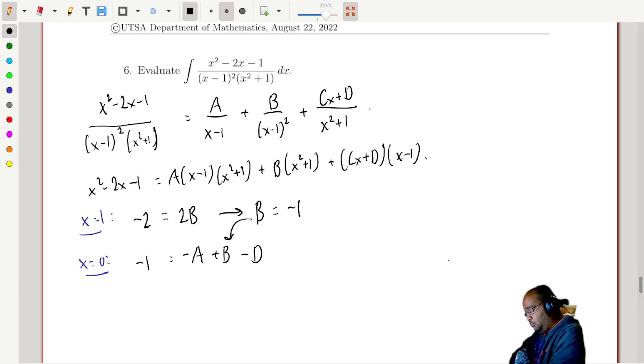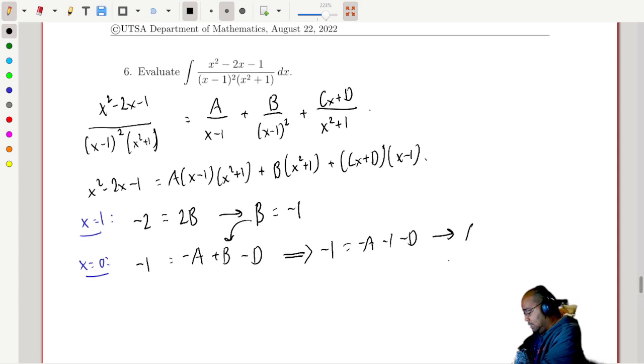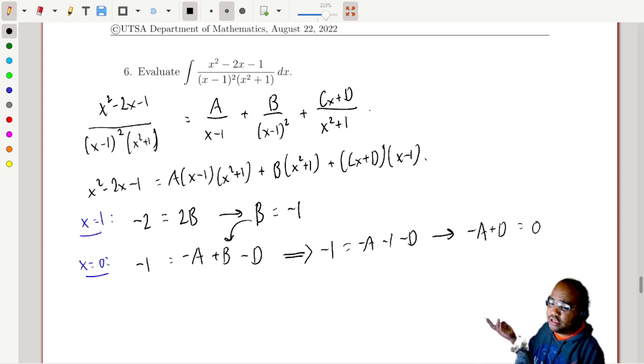We get negative 1 equals negative A plus B, which is negative 1, minus D. I can add 1 on both sides, so I get negative A plus D equals 0. Okay, so that's one equation. Doesn't really get me anywhere, does it?